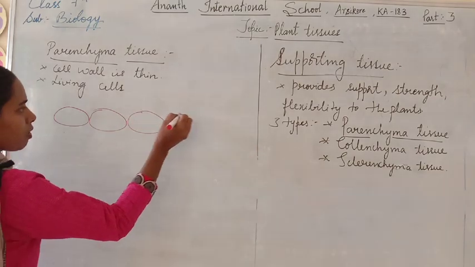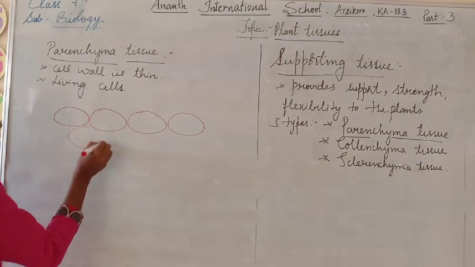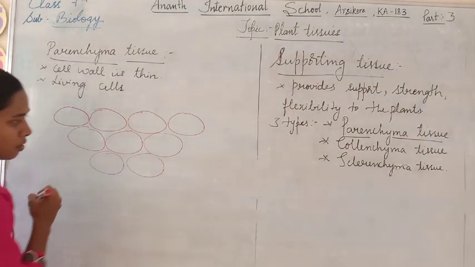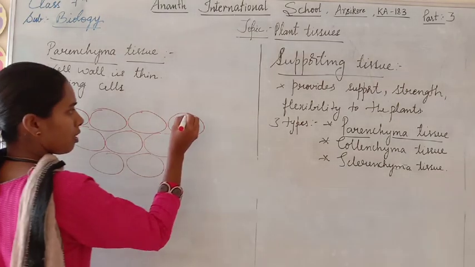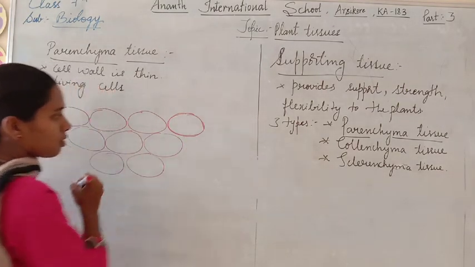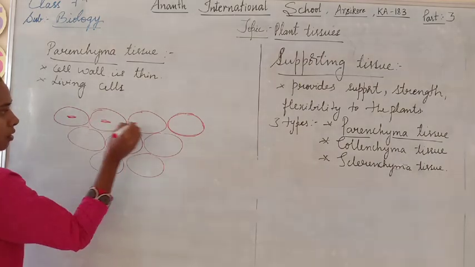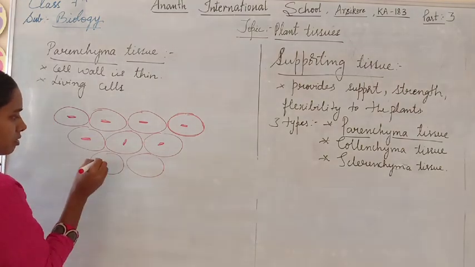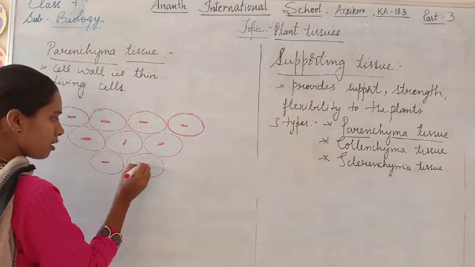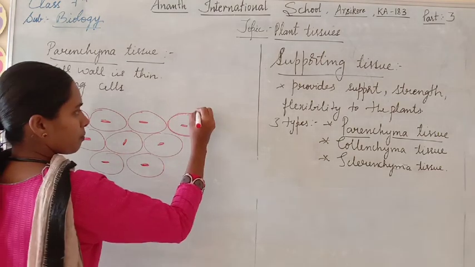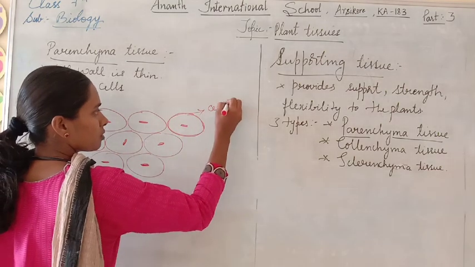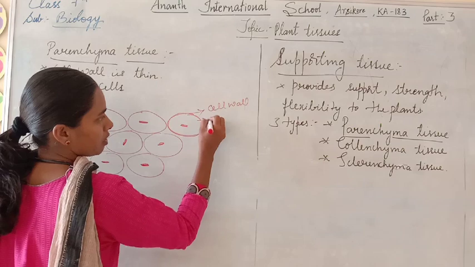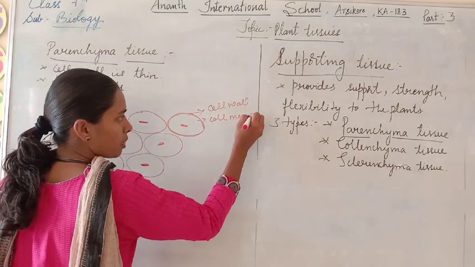When the cells are arranged, if the cell is present, you know that the outer part is the cell wall, and the nucleus will be present in the cells, because you have already learned about cells in detail in class 6. The inner layer is the cell membrane.